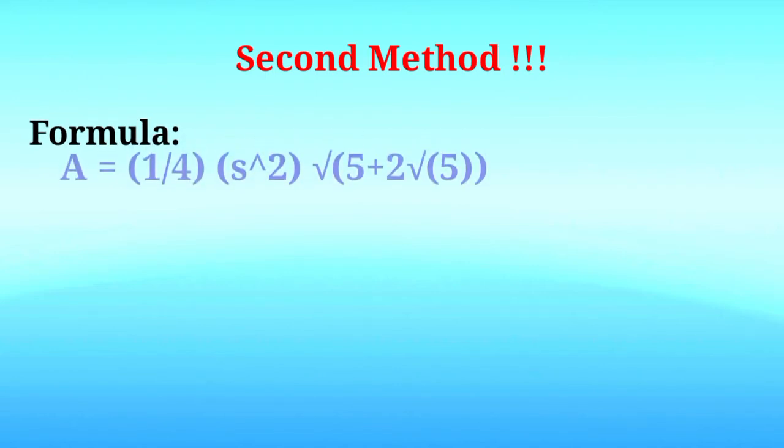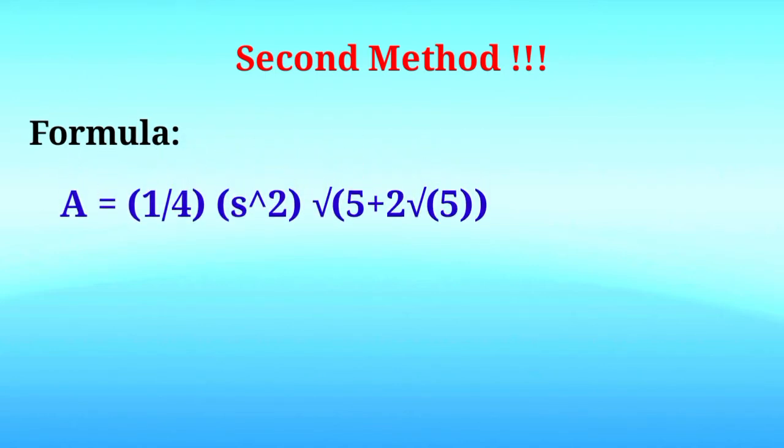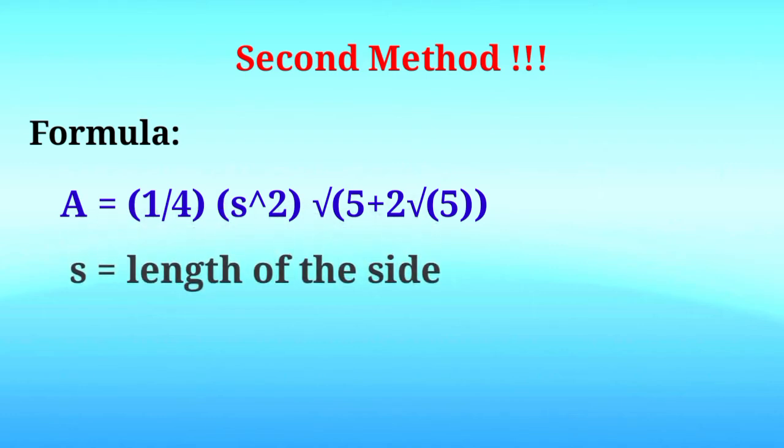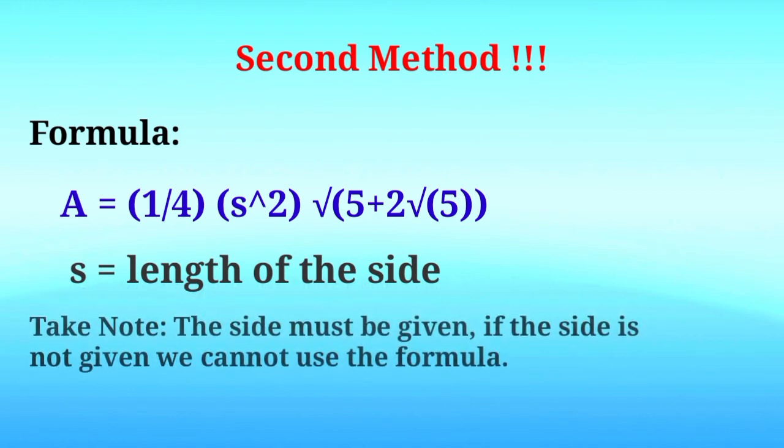Okay, so let's have the other method in solving the area of a regular pentagon using another formula. This is the second method, and the given should be the length of the side of the regular pentagon.